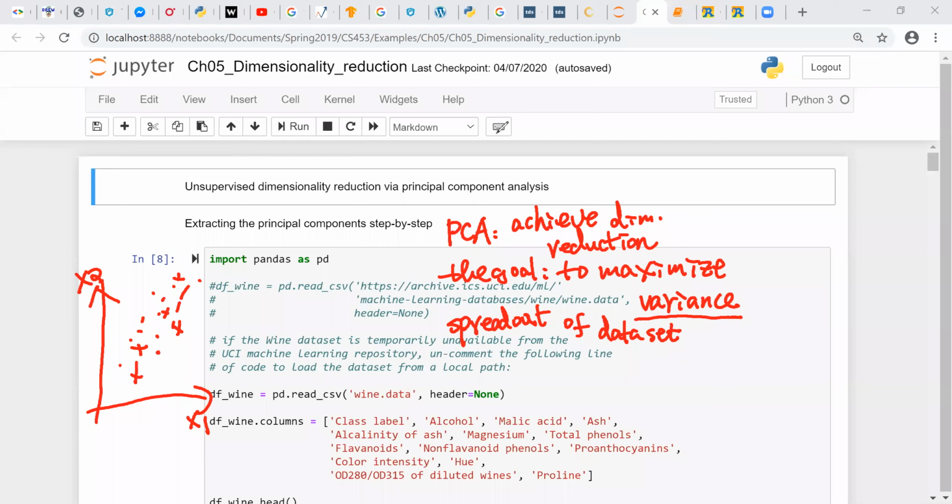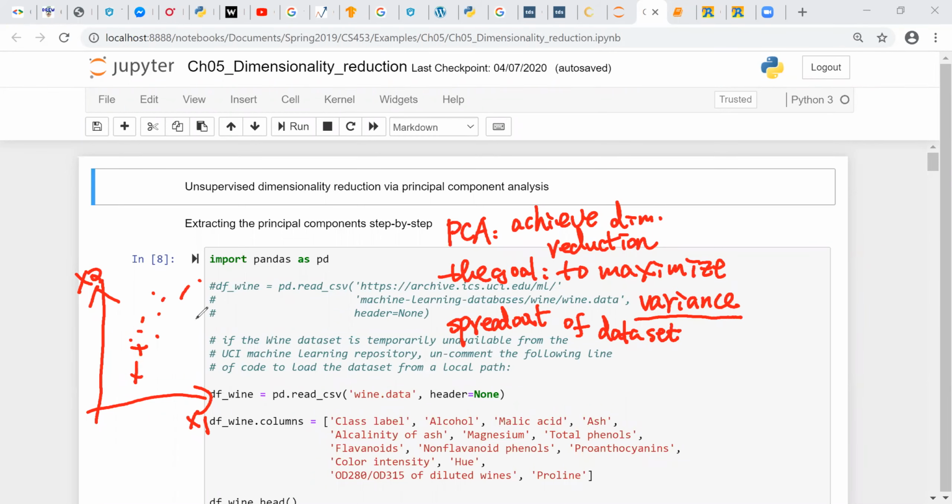Okay, let me erase this part, and let me draw it back. So the goal is to what?